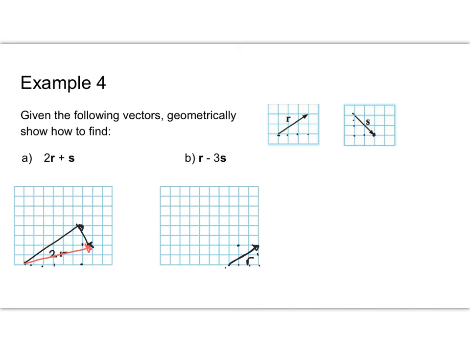So left 2 up 2, that's 1. Left 2 up 2, that's 2. Left 2 up 2, that's 3. So this is negative 3s. That's not very pointy, but that's supposed to be pointy. And here's my resultant vector. That would be r minus 3s. And this would be negative 3s. So that's what that looks like.